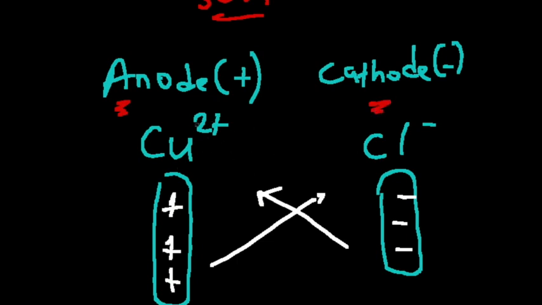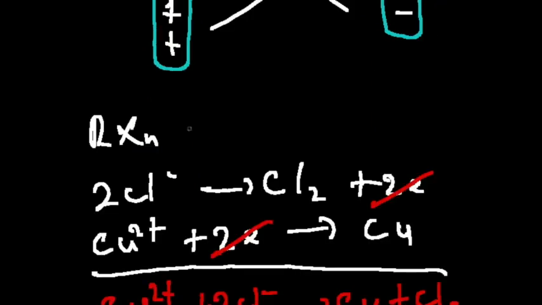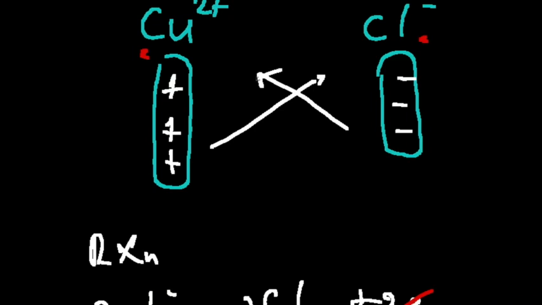And for the electrolysis of dilute copper 2 chloride, if we dissociate this, we're going to have copper ions on one side and chloride ions on the other side. So over time, as the reaction proceeds, there's going to be a movement of ions. The positively charged copper ions will move to the cathode and the negatively charged chloride ions move to the anode.